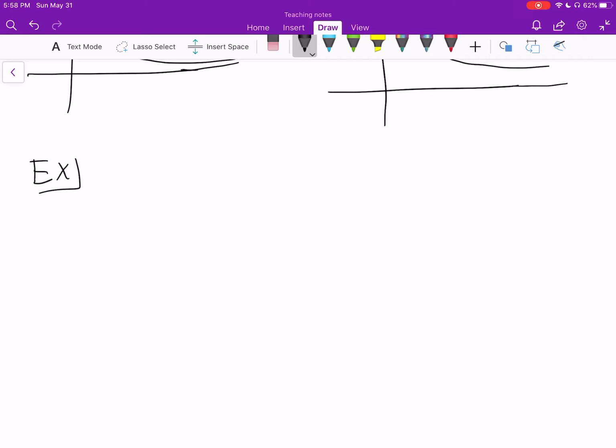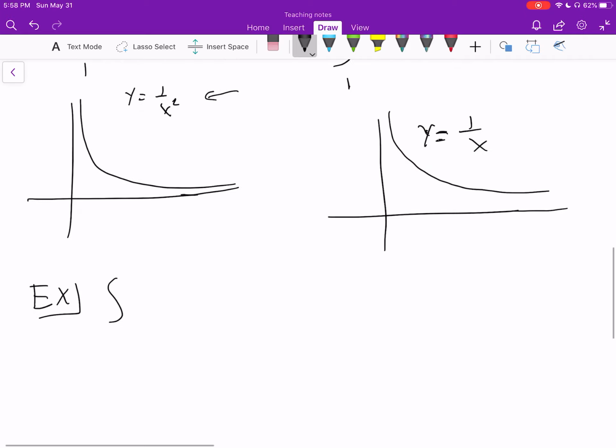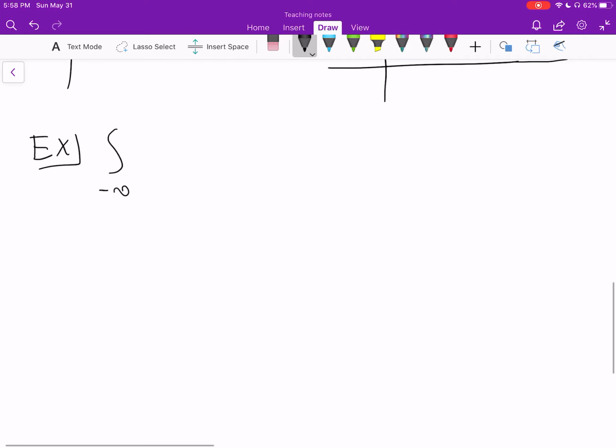So we have the integral from minus infinity to 0 of x e to the x dx. One thing you should notice is, as this goes off to negative infinity, this thing is going off to 0. So hopefully this converges to something.